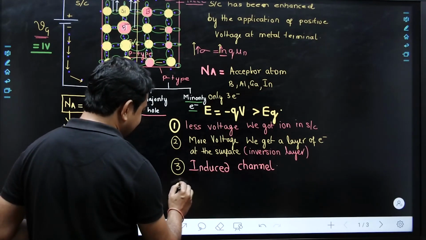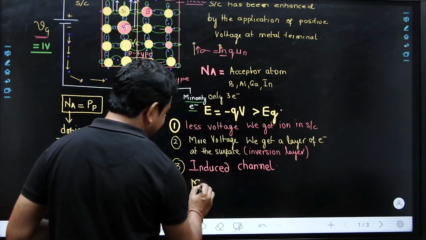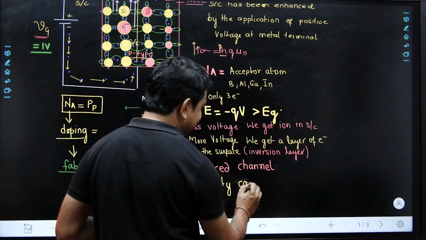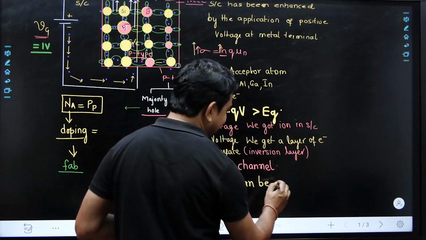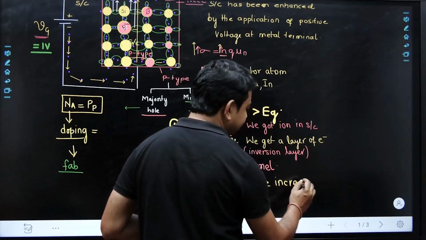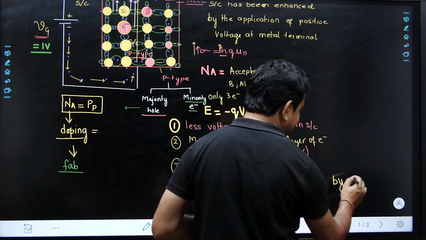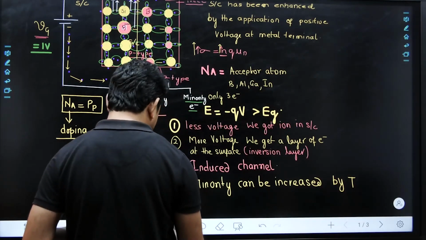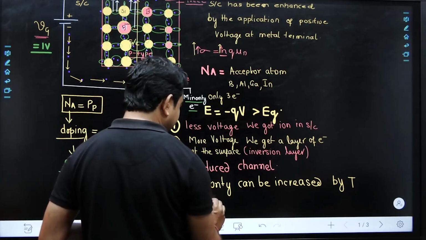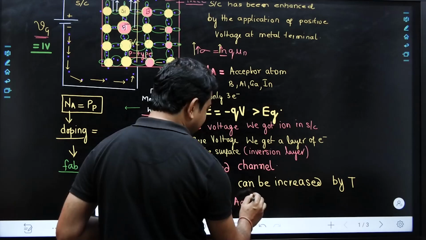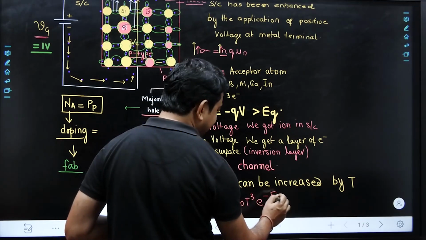So I mean to say that minority carriers can be increased actually by temperature, because we know one formula. What is that formula? We know that Ni square is equal to A naught T cube e raised to minus Eg upon kT.